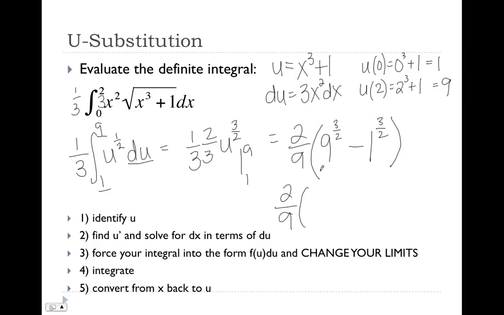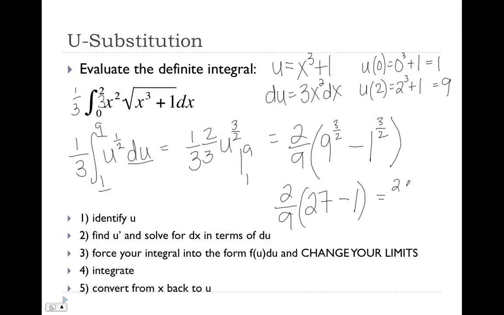So this is 2/9, 9 to the 3/2. You do need to be able to do this in your head. The 2 in the denominator means I'm taking the second root or the square root of 9, which is 3. Then 3 cubed, which is 27. Minus the square root of 1 is 1, 1 cubed is 1.